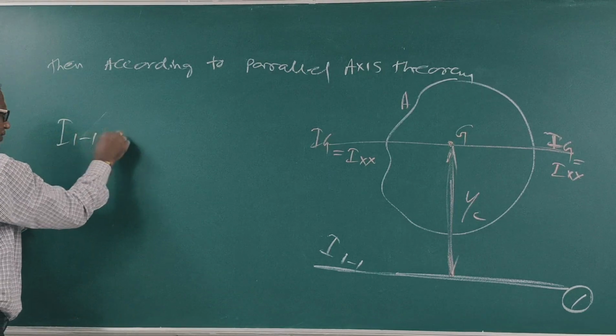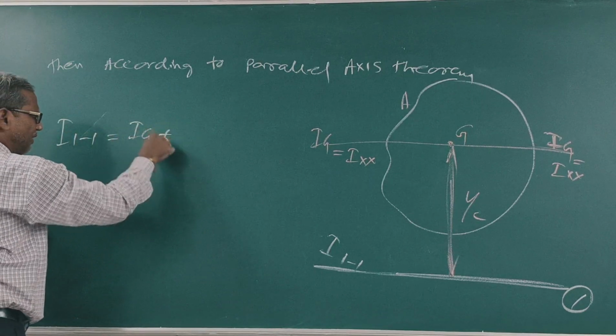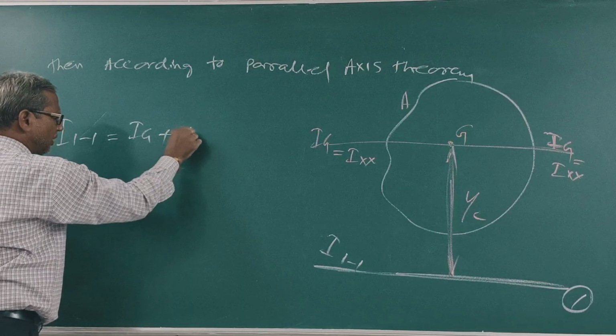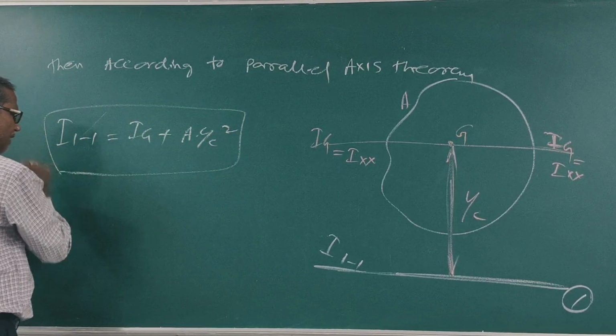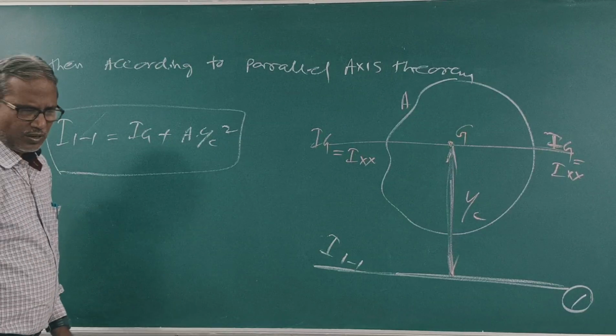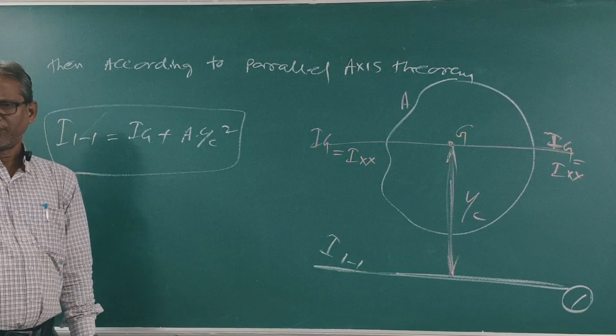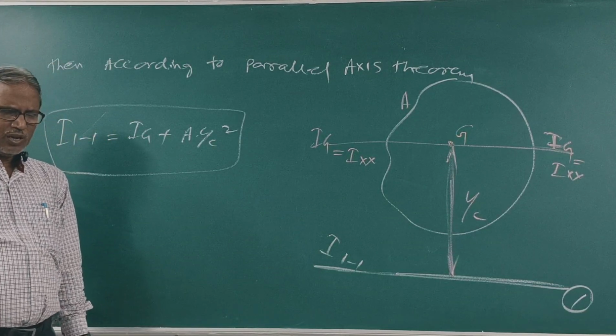Ig plus A into Yc square. Clear? Now I will give some formulas. Clear?